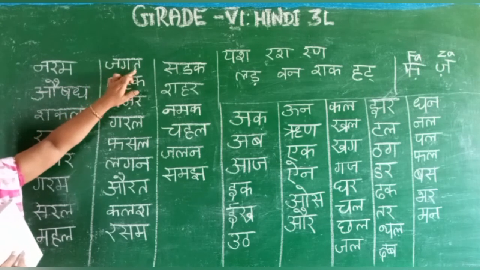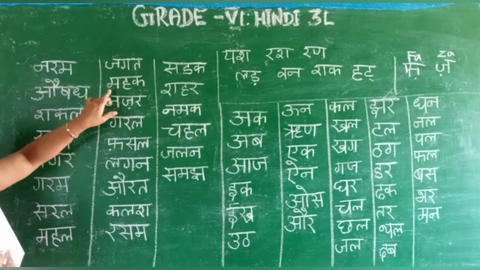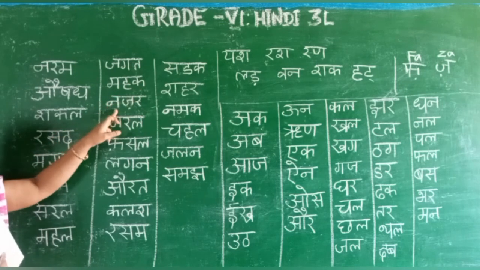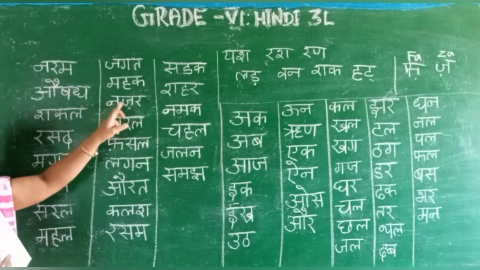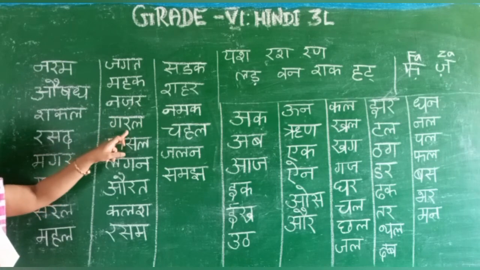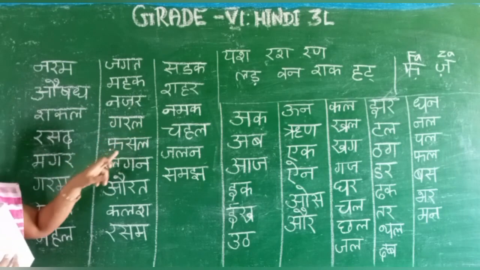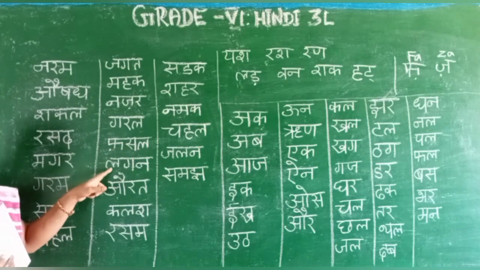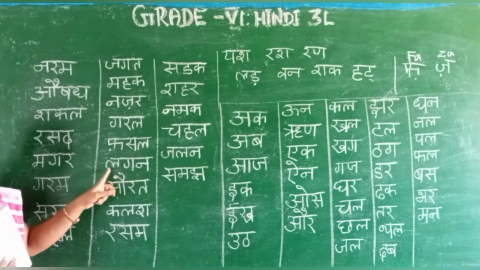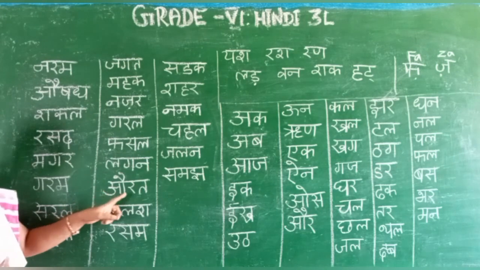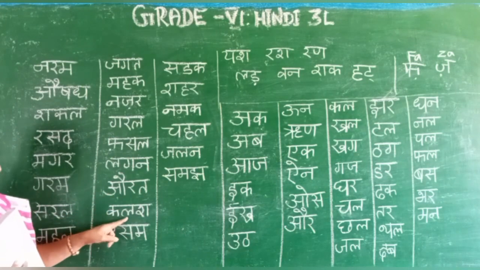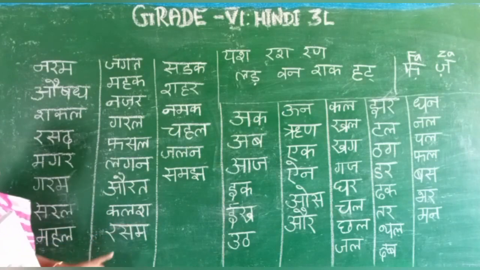Ja, ga, ta, jagat. Ma, ha, ka, mahak. Na, za, ra, nazar. Ga, ra, la, garal. Fa, sa, la, fasal. La, ga, na, lagan. Au, ra, ta, aurat. Ka, la, sha, kalash.